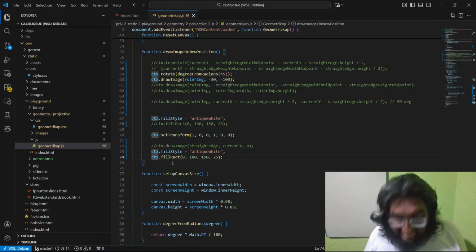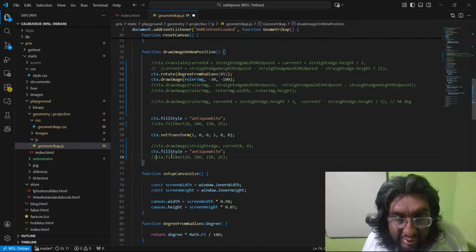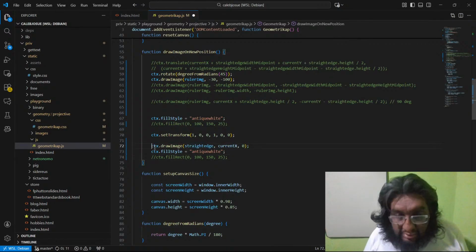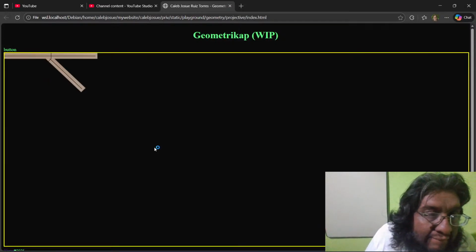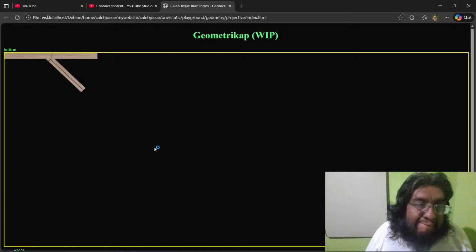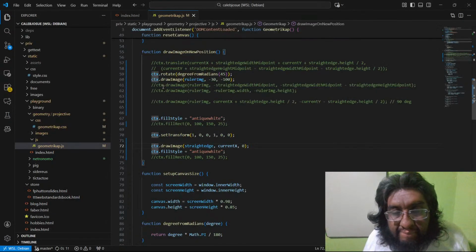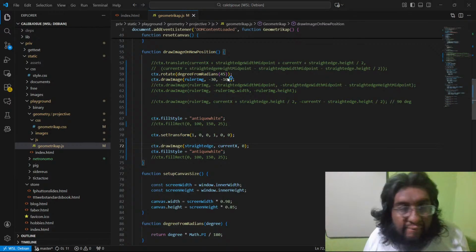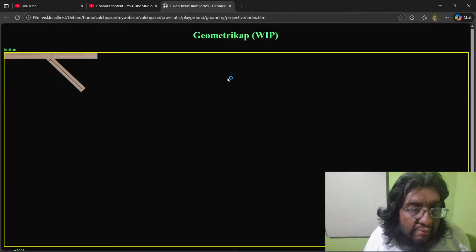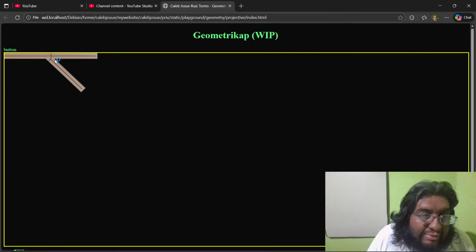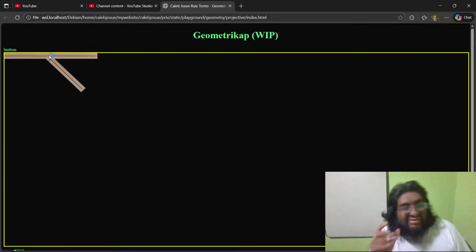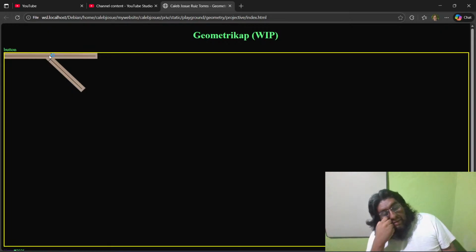Okay, this is the rectangle. You can see that we need to tickle this thing finer, right?